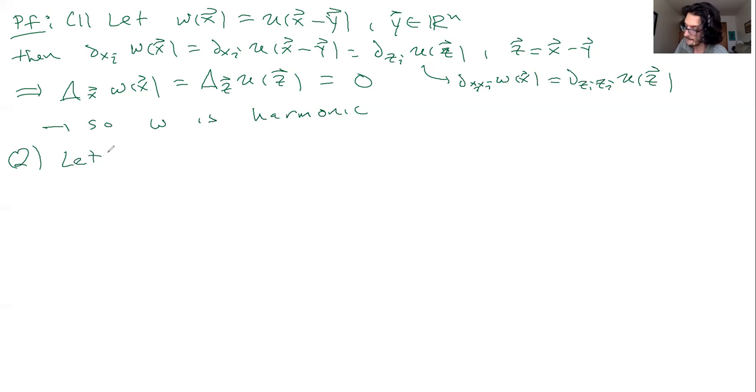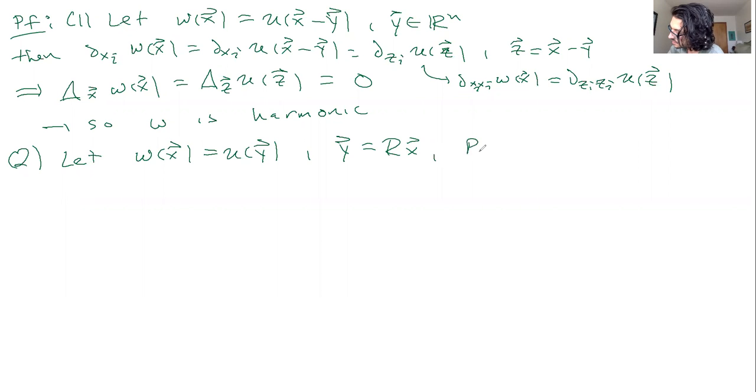Now on to the second one, okay? Now if we let W of x equal u of y, where y is equal to R of x.